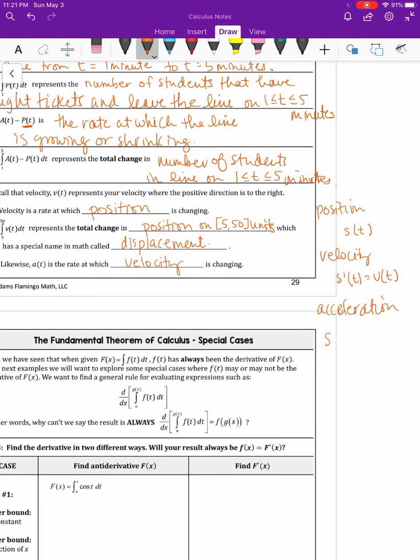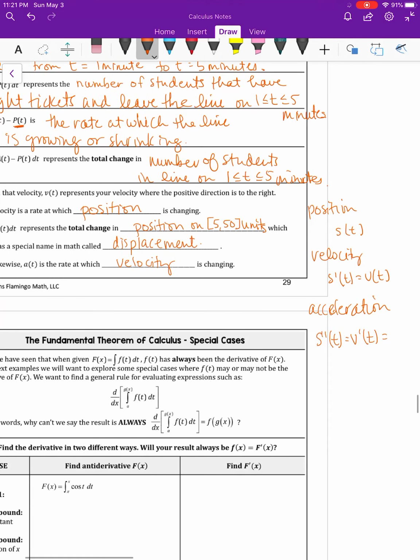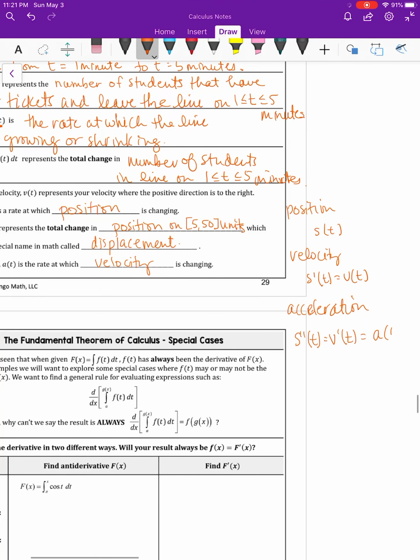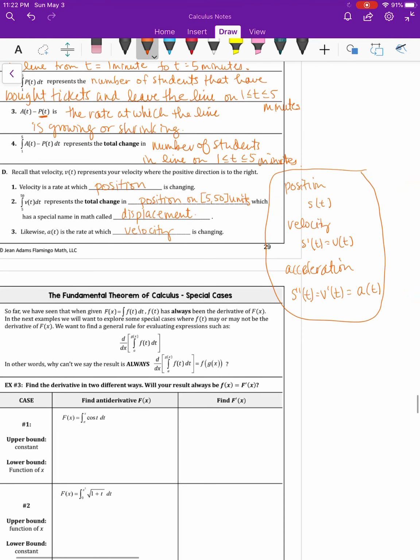And then we've called the acceleration function, which is the second derivative of position. It is the first derivative of velocity. We call that a of t. Okay, so this you really just need to always know. I think you do, I hope.